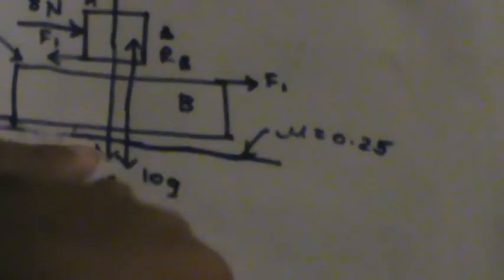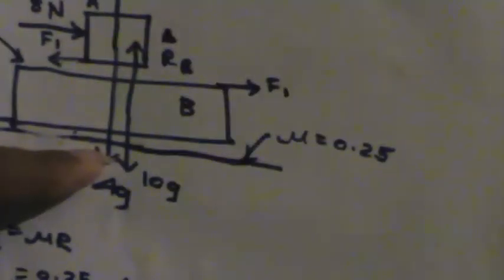Now considering B, if you are going to calculate the frictional force on B, you are not only to consider the mass of 10 kilograms, because A is on B. A is already exerting a force of 4g, which is its weight, on B. So that 4g will be acting on B, and besides that 4g, there will be another 10g due to B's weight.